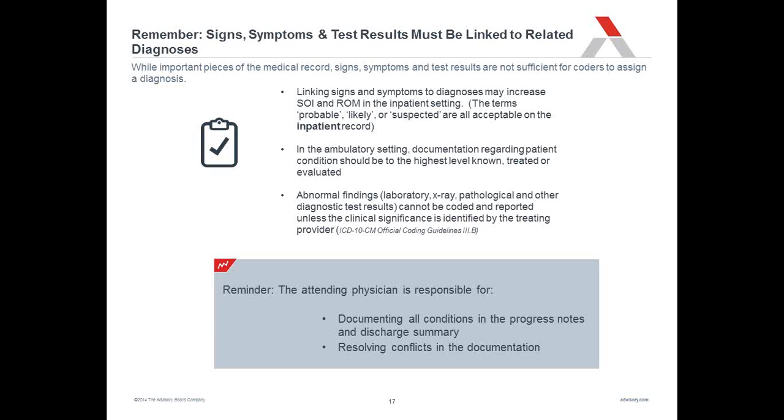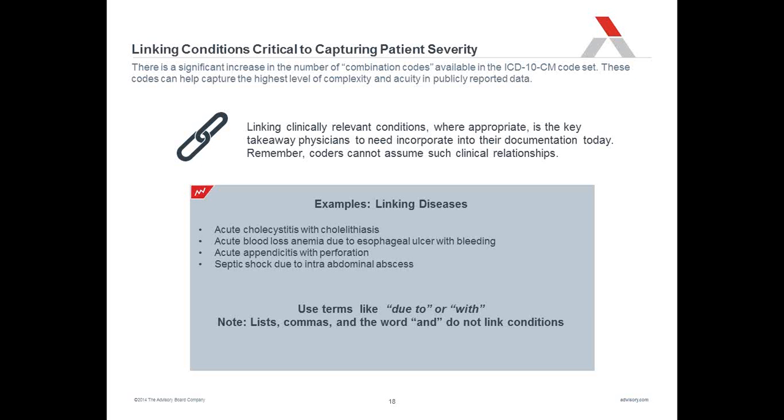Remember, documenting all conditions in the progress note and discharge summary is the responsibility of the attending physician, and also it is the responsibility of the attending physician to resolve all conflicting documentation within the medical record and make sure that the record is clear and concise and accurate at the time of the discharge summary. It's also important to remember that linking conditions is critical to capturing patient severity.